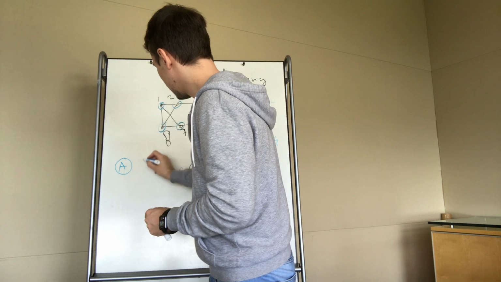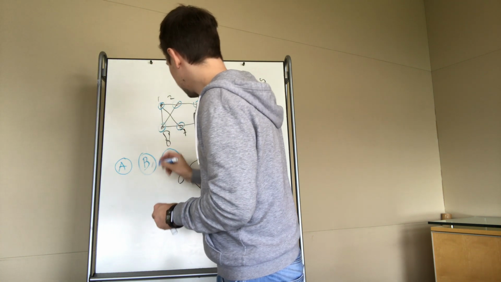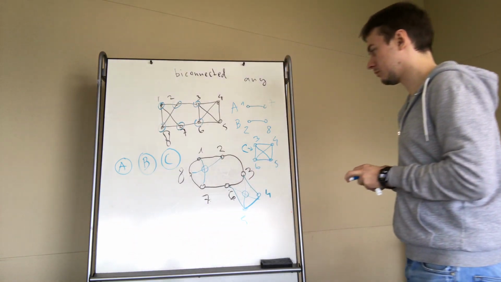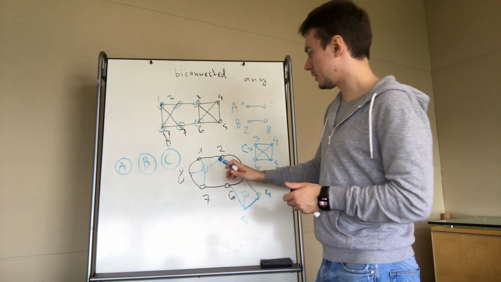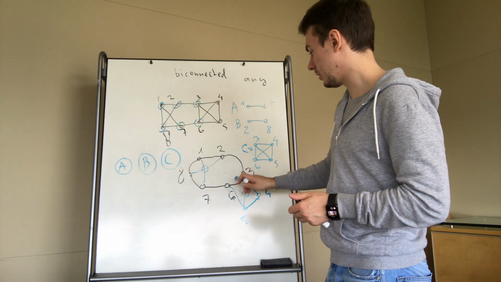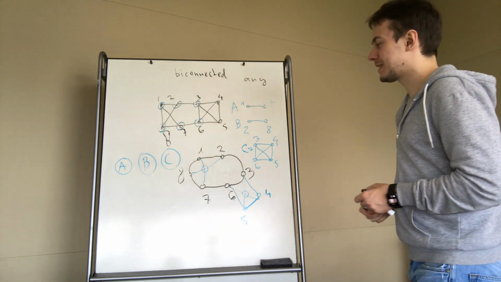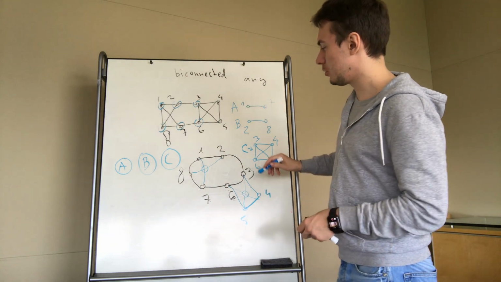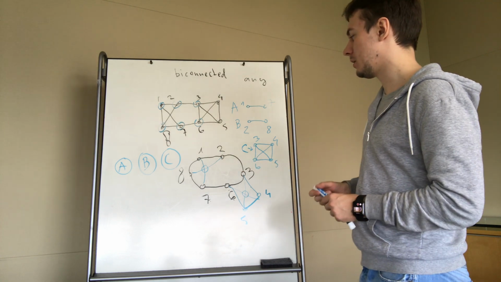As you can see, this circle 1, 2, 3, 6, 7, 8 splits all the surface into 2 pieces, outer piece and inner piece.